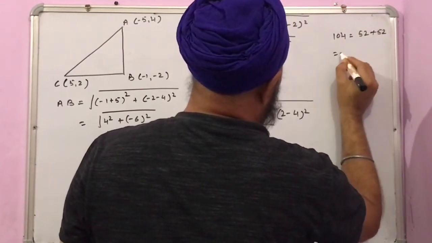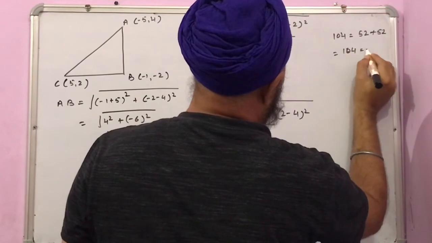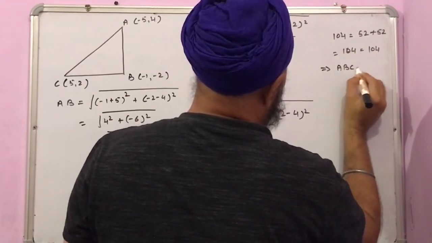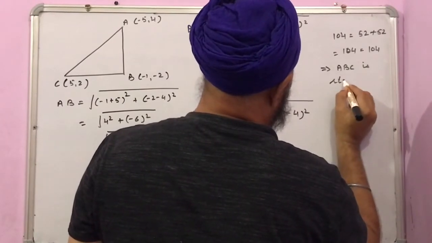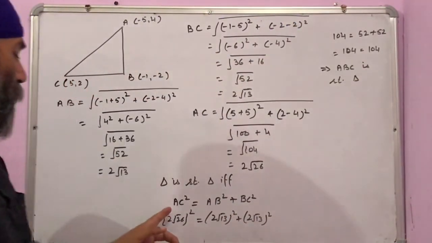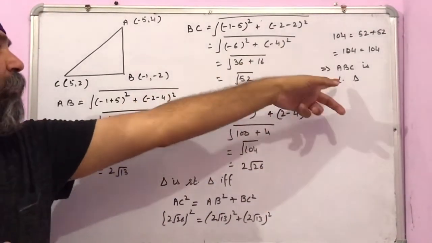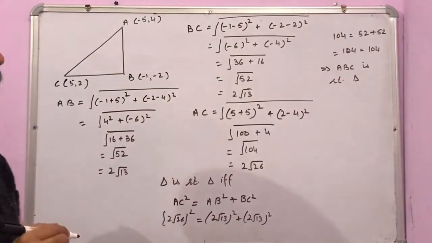It is also 52. 104 is equal to 104. It implies that ABC is a right triangle, because hypotenuse square is base square plus perpendicular square. So ABC is a right triangle.